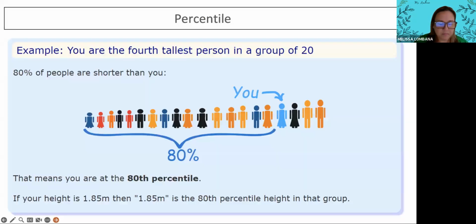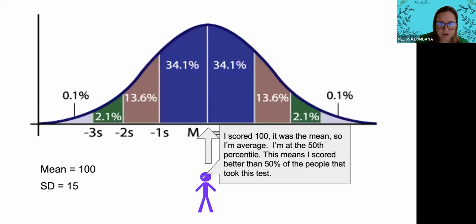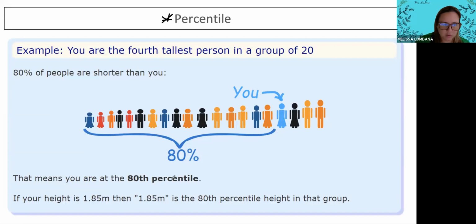So we also have what's called percentile. And I know you guys have seen this with SATs and your other FCAT stuff or FSA. So percentile basically means where you are in the group, okay, what you're comparing yourself to.